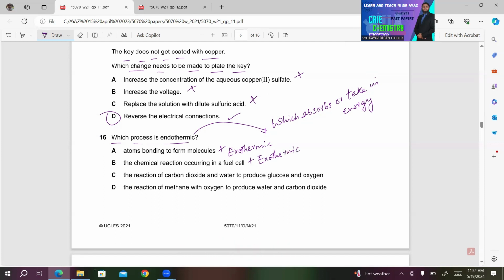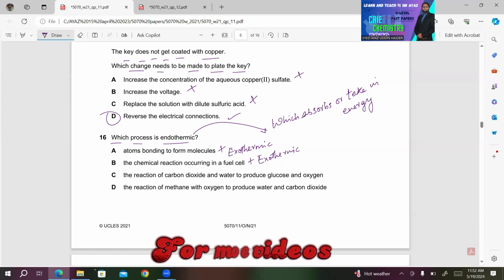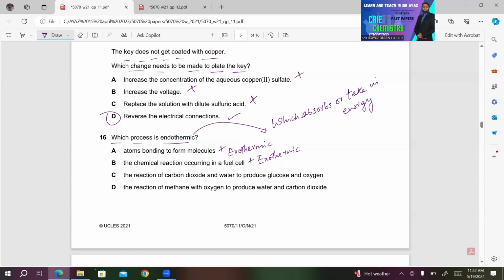Later on, this energy is converted to electrical energy. C. The reaction of carbon dioxide and water to produce glucose and oxygen. This is correct because this takes in energy. This takes place in plants.